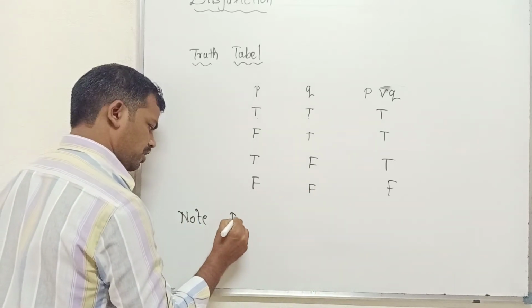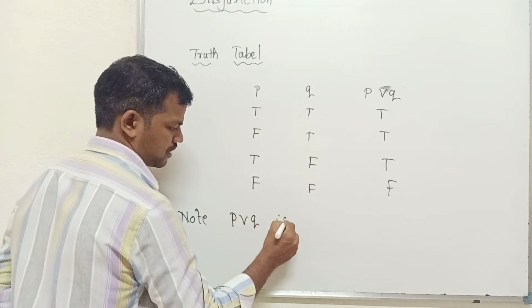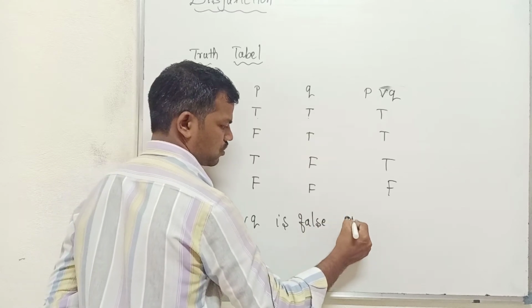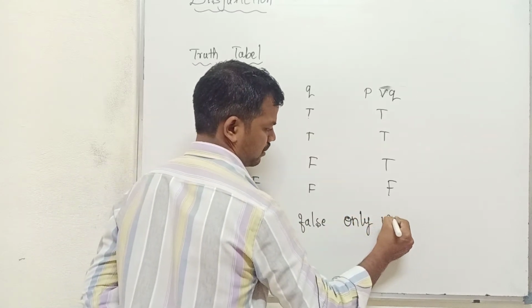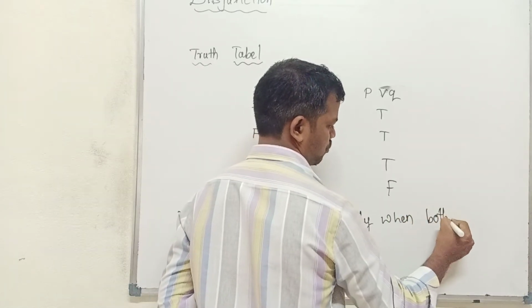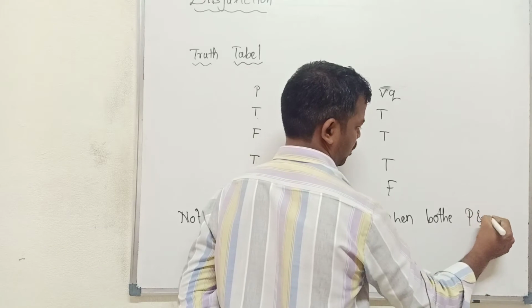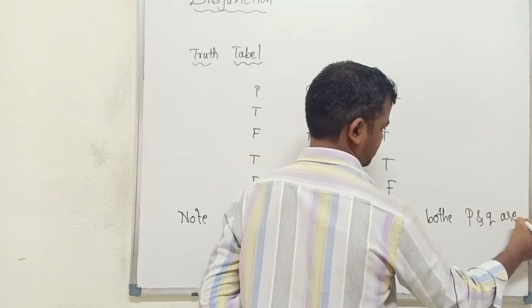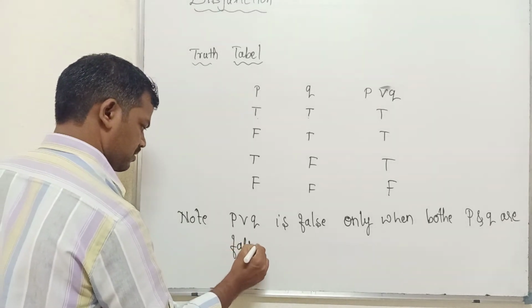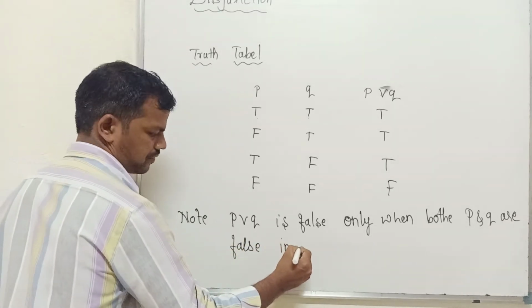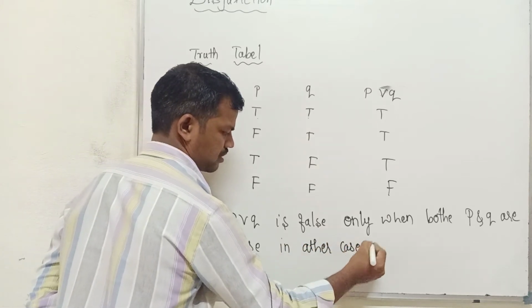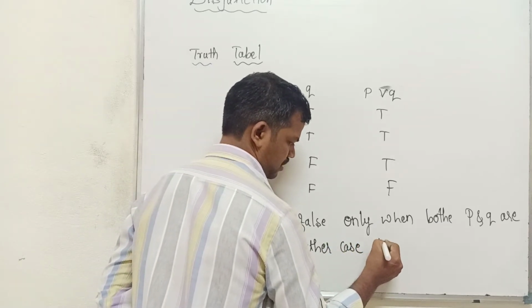So P or Q is false only when both P and Q are false. In other cases it is true.